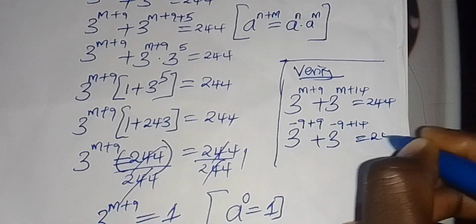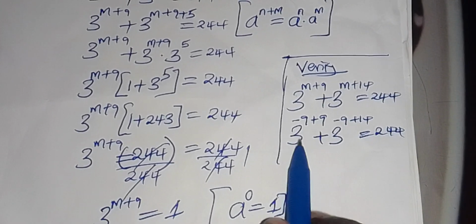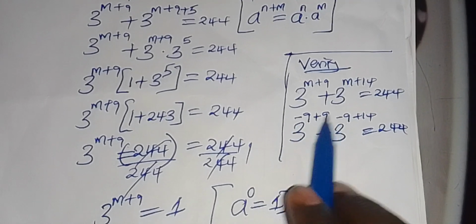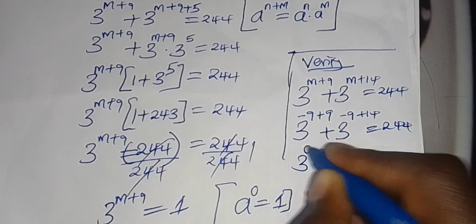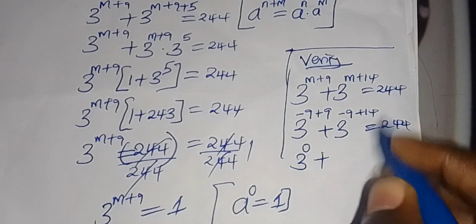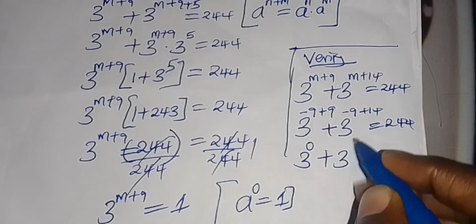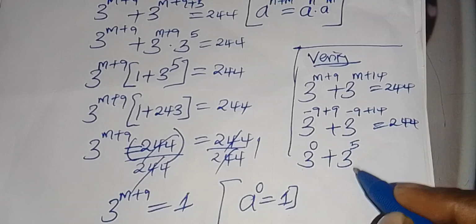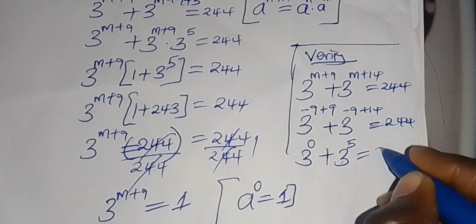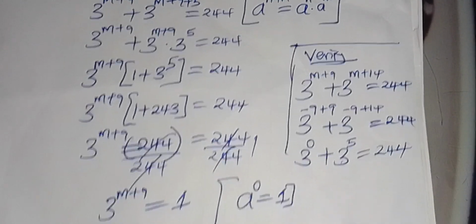This is supposed to give us 244. If you say negative 9 plus 9, this will give us 3 raised to power 0. Then plus 3 raised to power negative 9 plus 14, this will be equal to 5. So you have 3 raised to power 5. Everything is supposed to give us 244.